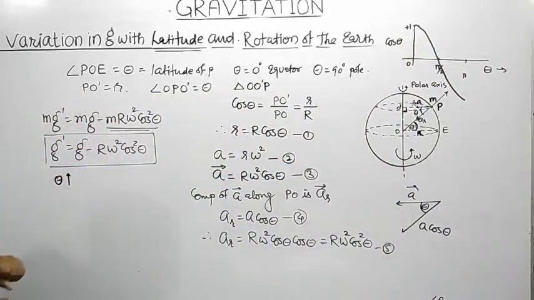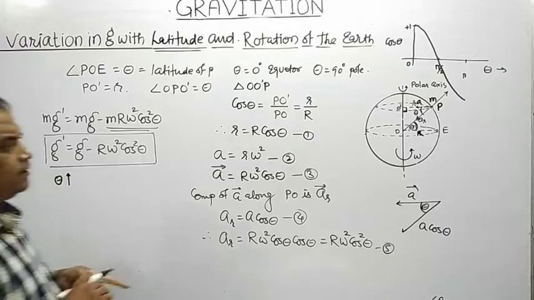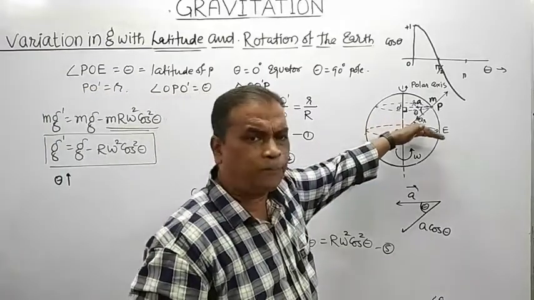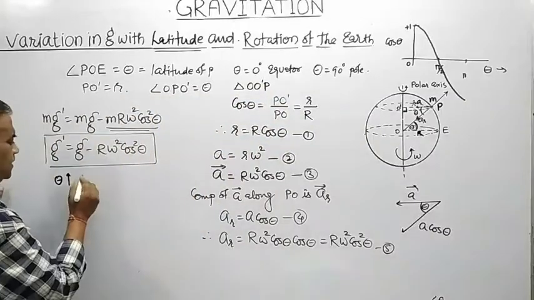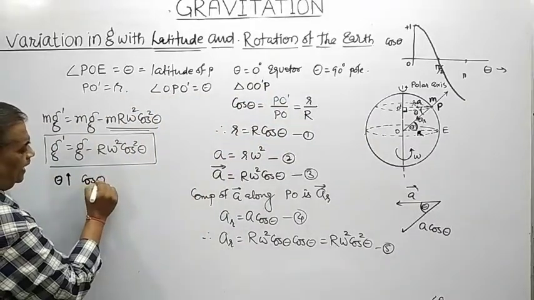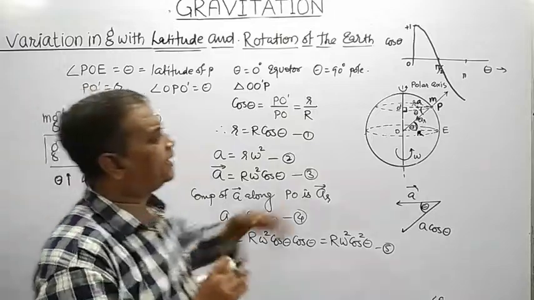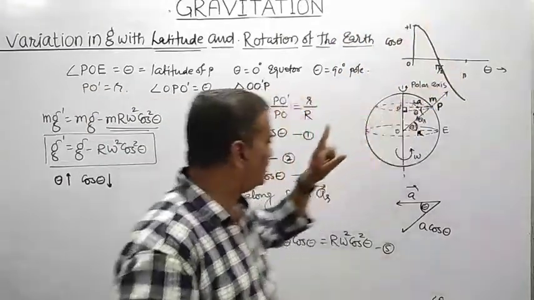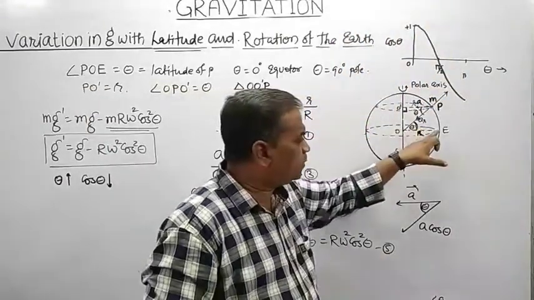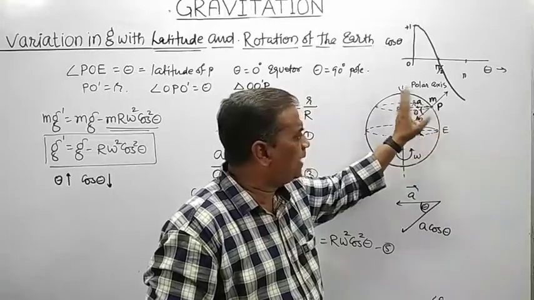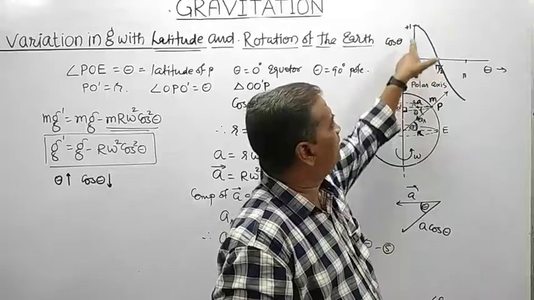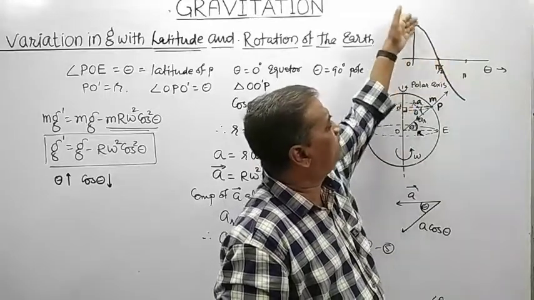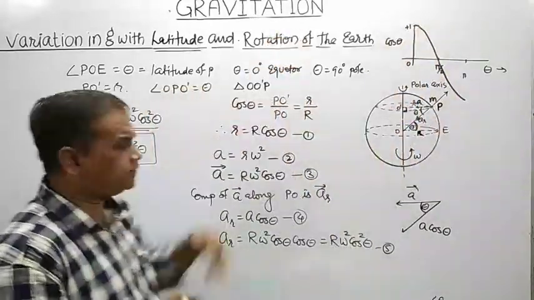So from this expression, when the latitude of the particle theta goes on increasing, what happens to cos theta? As theta increases, cos theta goes on decreasing, because latitude can have a minimum value 0 and a maximum value of 90. It means when the angle changes from 0 to 90, cos will decrease from 1 to 0.